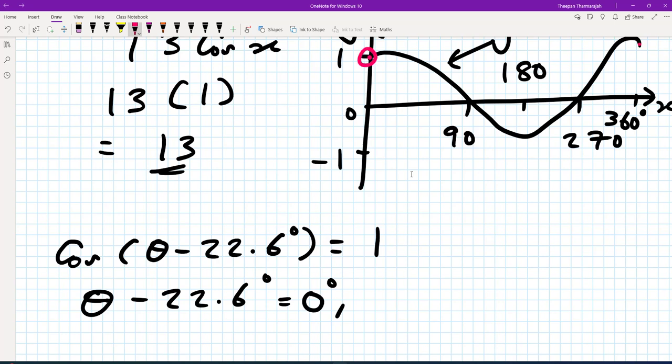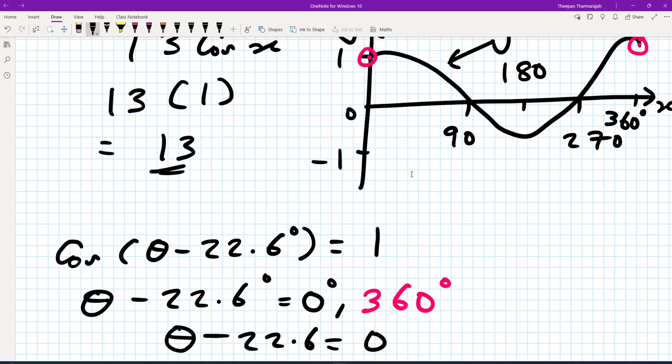And it's also 1 at this point, at 360. But because they want the smallest value, we're going to say that theta minus 22.6 is equal to 0.